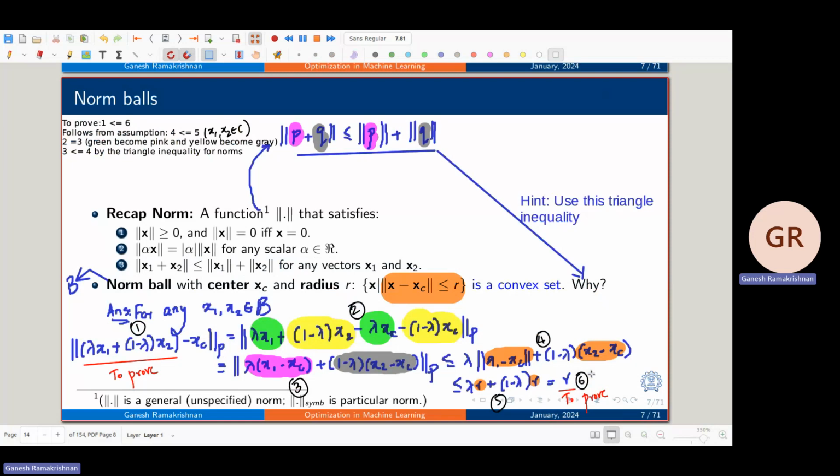To fill in all these intermediate steps here, we invoke the properties of norm. That's all we are doing. So you can quickly tell me what properties we are invoking.